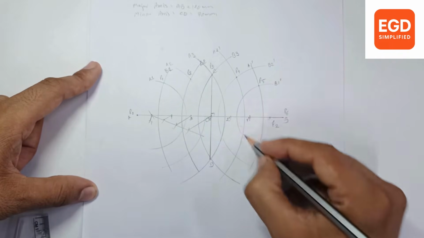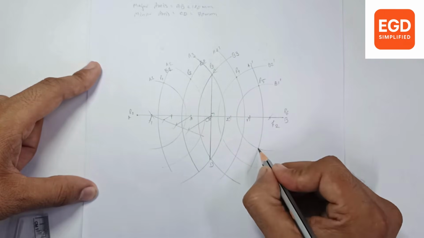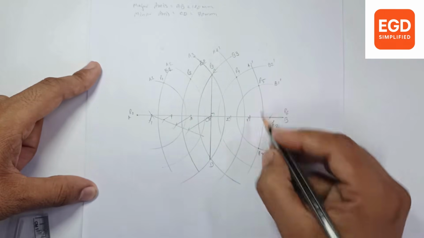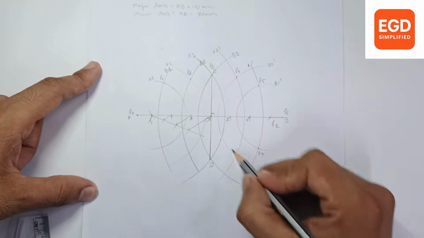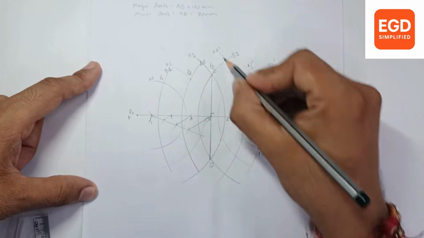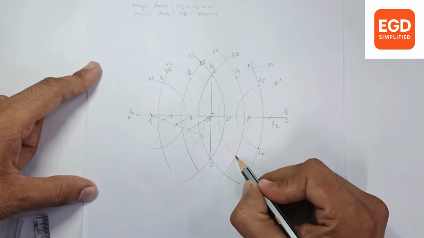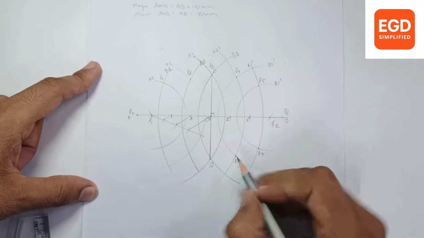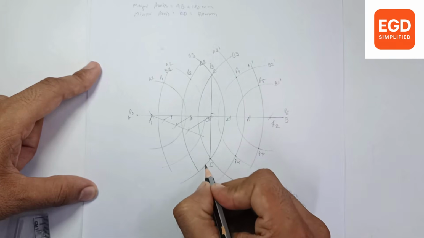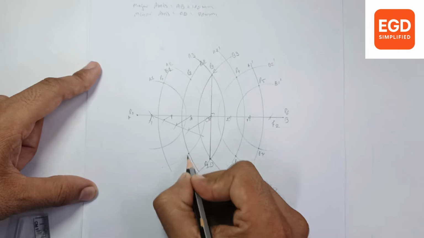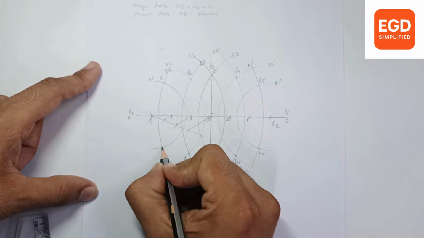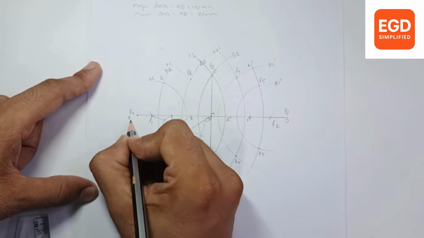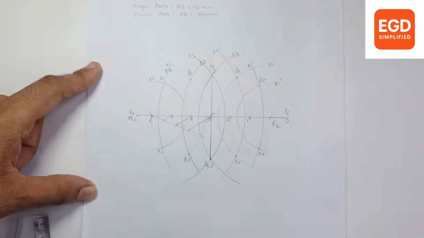This is B1 dash A1 dash, P7, B2 dash and A2 dash, P8, your D point P9, similarly P10, P11, and P0 again P12.